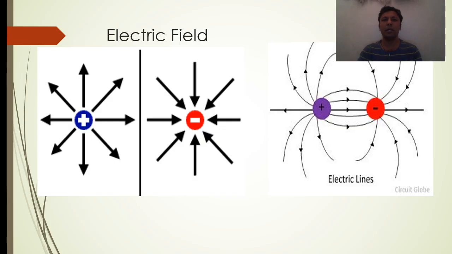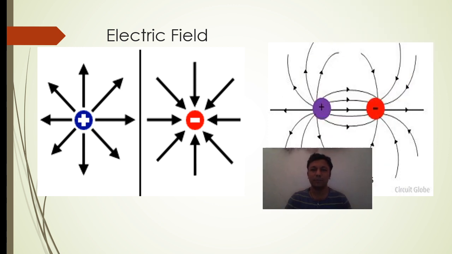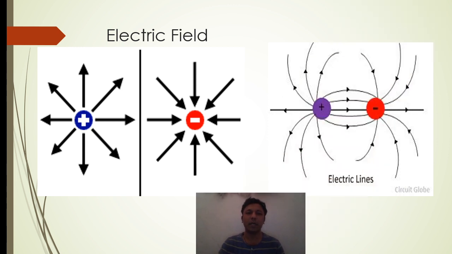Now another topic is the electrical field. You know that in a magnetic field, the N pole and S pole have a magnetic field. The field comes from the N pole and goes to the S pole.